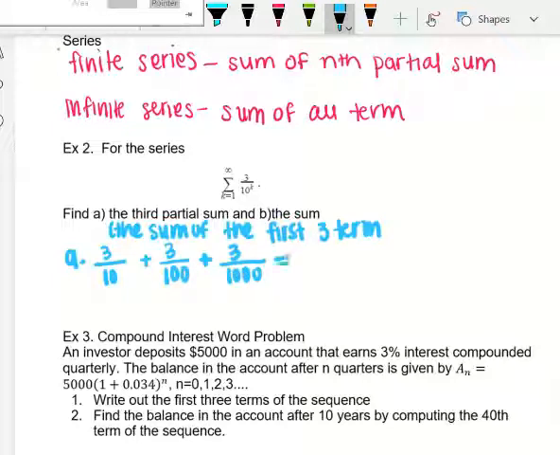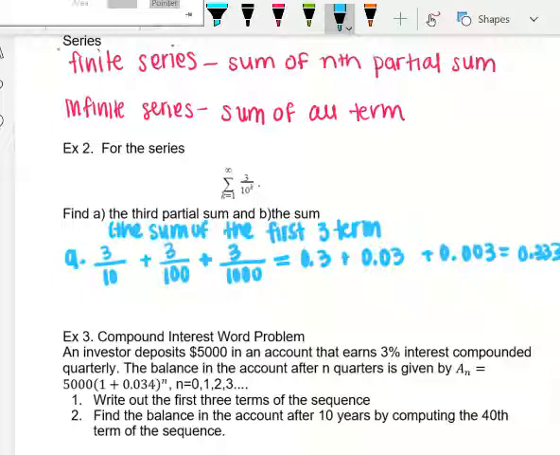Then you could write these out in decimals. Okay, so that would be what you would get when you would add those up.